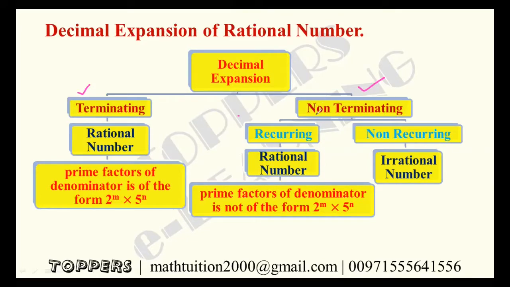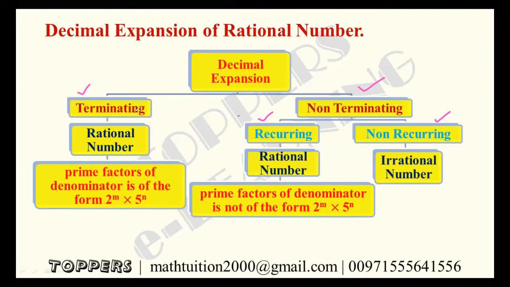Non-terminating again has two types: one is recurring, which means repeating, and the other is non-recurring, non-repeating. So there are 3 types of decimal expansion: terminating, non-terminating recurring, and non-terminating non-recurring.